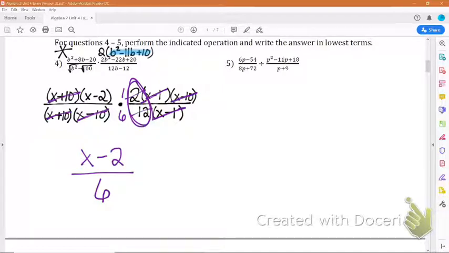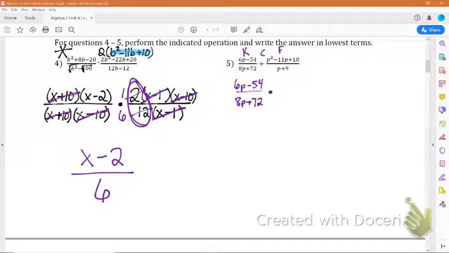The next one we can just flip it, right? Change the multiplication. Yes, so question number 5 is division. To simplify a division problem, we keep, change, flip. Keep your first fraction the same. Change your sign to multiplication. Flip your second fraction. So we're keeping the first fraction the same, 6p minus 54 over 8p plus 72.